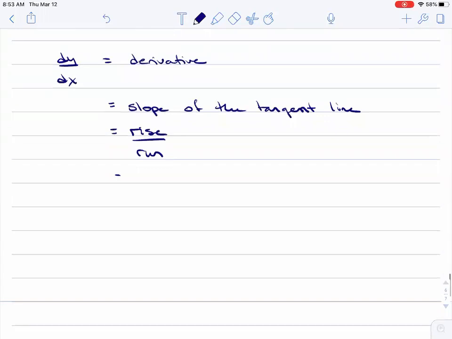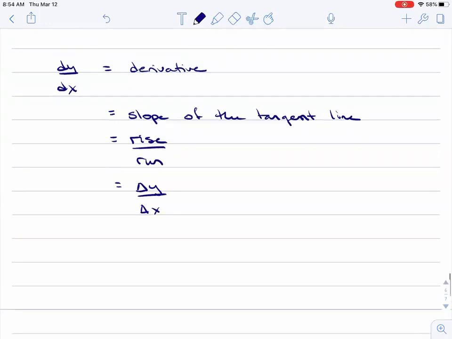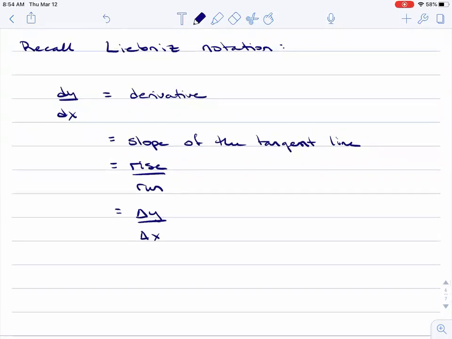Which we could just say, well, that's the change in y over the change in x, right? So later, in Calc 2, 3, 4, we start to talk about these d's as deltas instead. There's a kind of a link there.